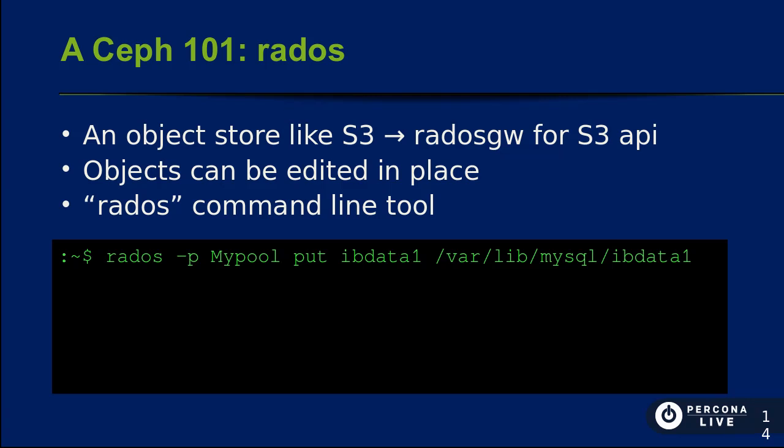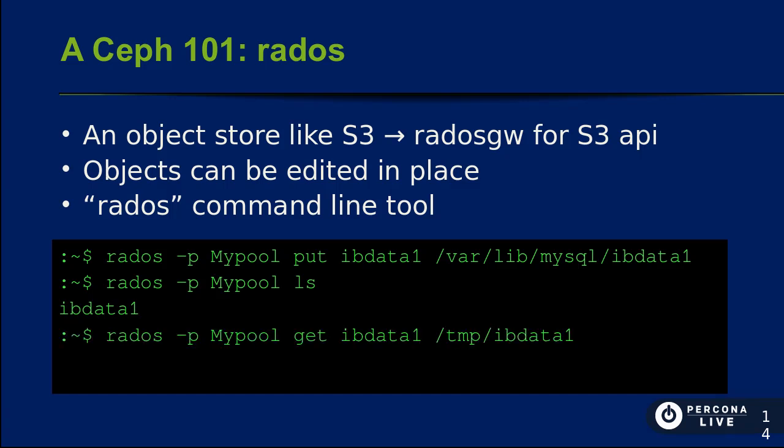So I have the path of the file, the name of the object I will put, the name of the pool, and I just hit return. And then I can list the content of the pool. Here I only have IBData1. I can get the object back. And of course, I can remove it. Those are very basic operations.